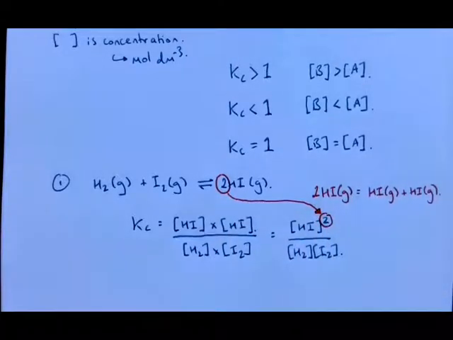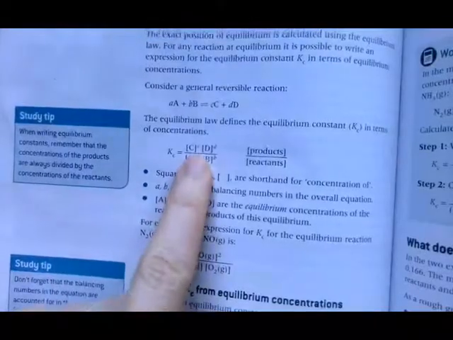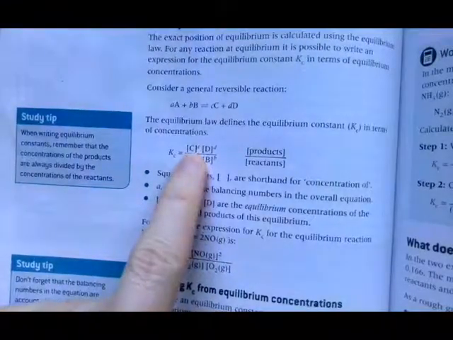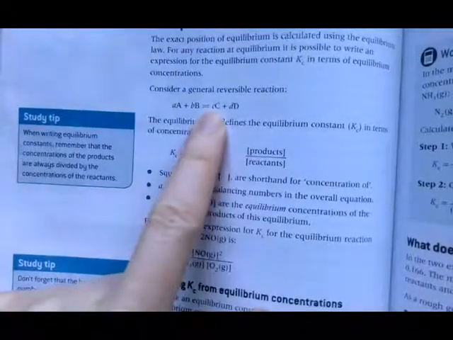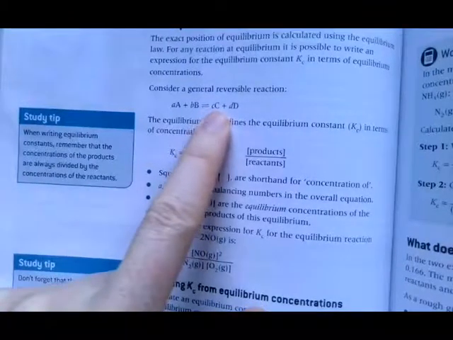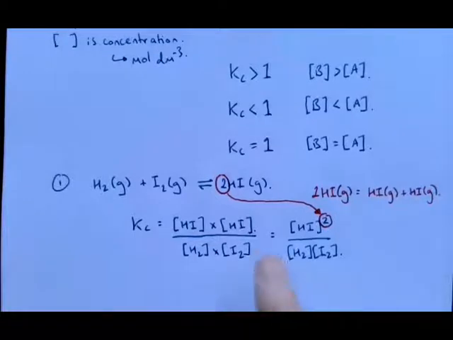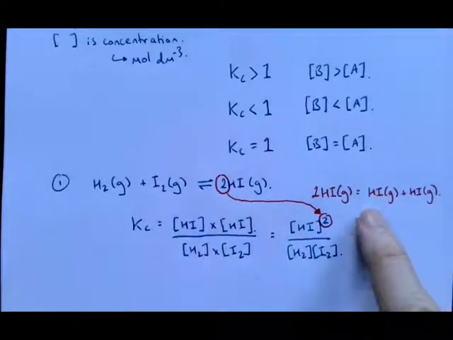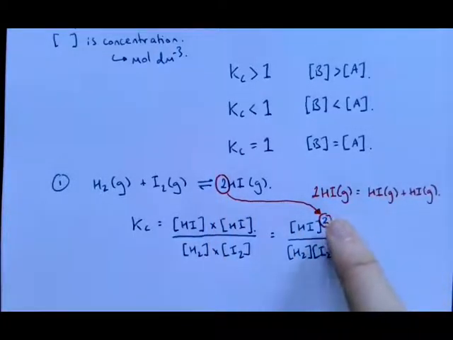Okay, and you would have seen that when you made your notes, written as this kind of complicated thing here where you've got the concentration of C to the little power of c. The c is just the coefficient in front of it. Okay, and that's how it comes about, because if it's got a 2 in front of it, it means there are 2 of them, and 2 of them multiplied together is squared.